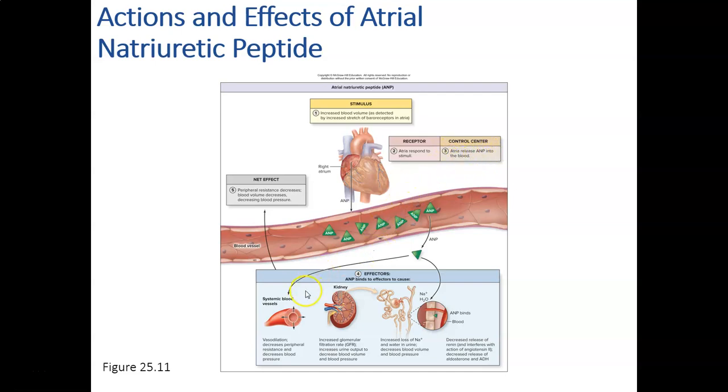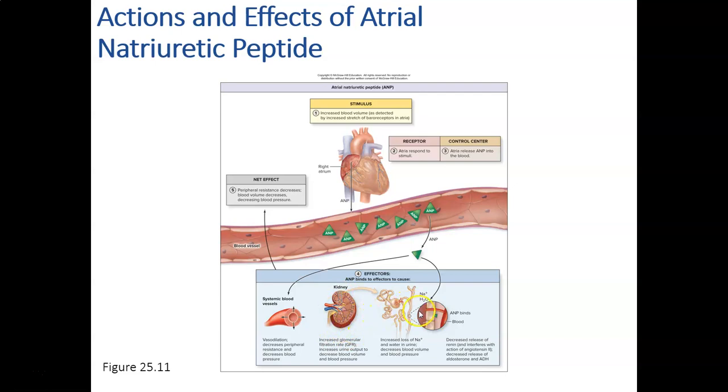ANP then works on the systemic blood vessels, causing more vasodilation, right? This is the opposite of the other three, especially renin, angiotensin 2, right? And then on the kidney, it increases the GFR, because all that vasodilation also vasodilates the afferent arteriole of the glomerulus, which increases the GFR.